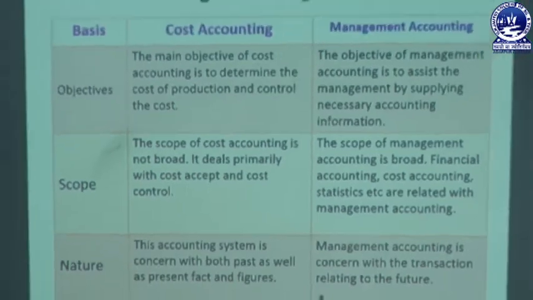So the scope of cost accounting is not wide; it is only limited to ascertainment of cost and control of cost. But in the case of management accounting, the scope is very wide or vast. It covers all the aspects of cost accounting, financial accounting, different statistical tools, records, and every type of information that is taken into consideration by management accounting for taking managerial decisions.